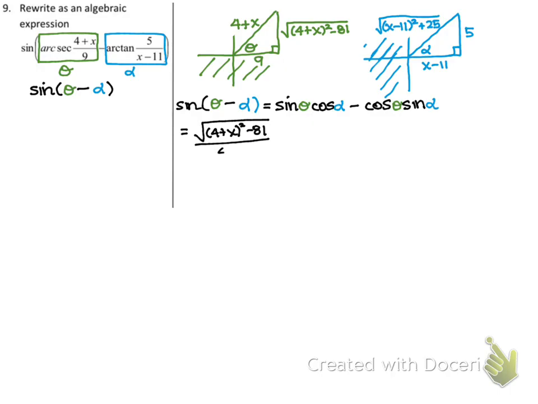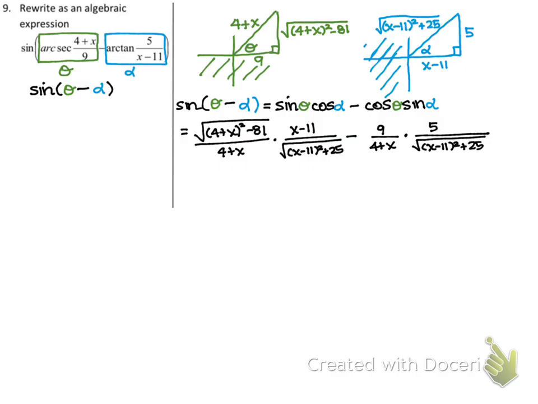All over 4 plus x times x minus 11 over square root x minus 11 squared plus 25 minus, we'll do 9 over 4 plus x times 5 over x minus 11 squared plus 25.